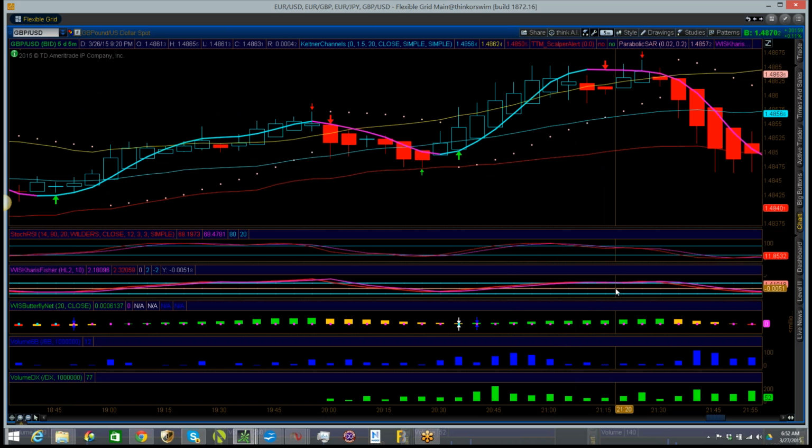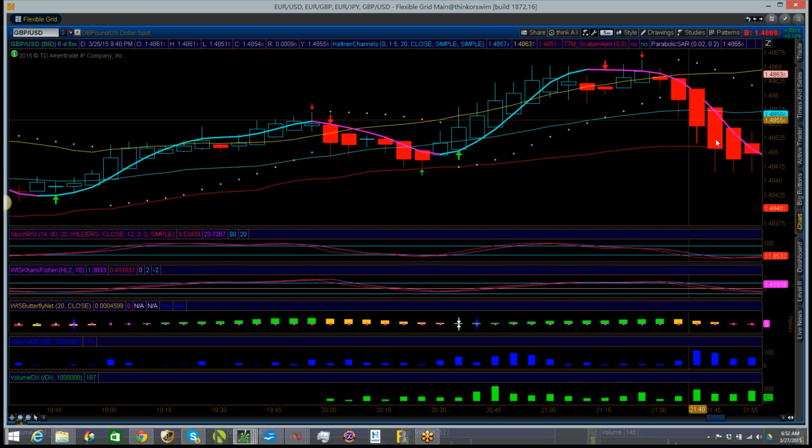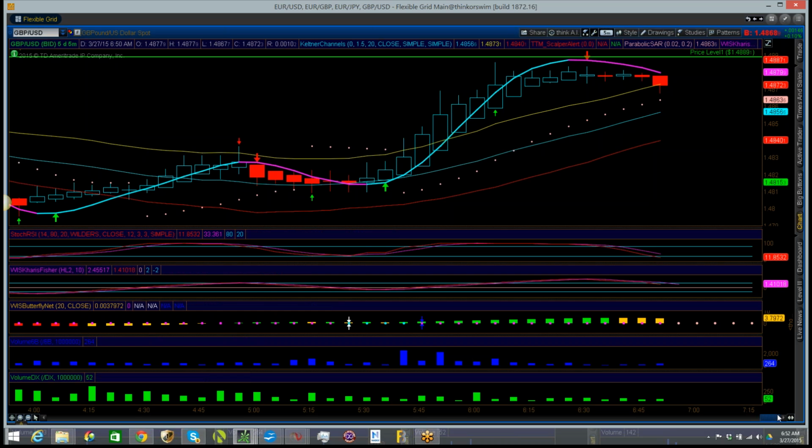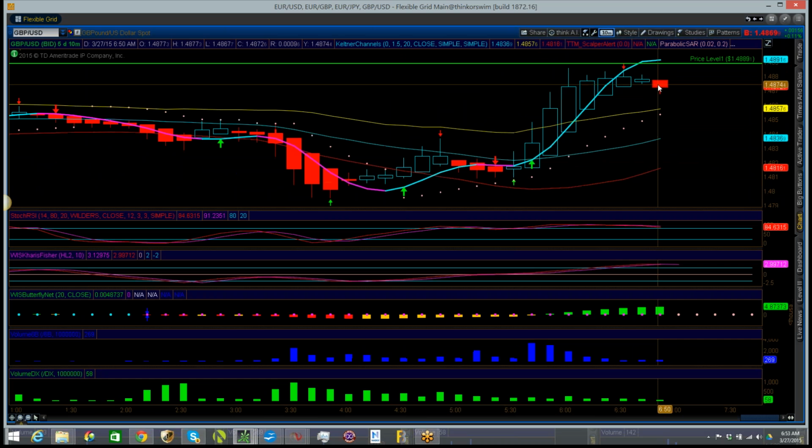Okay. So that's what we're looking for, that roller coaster effect. And that's at the 5-minute. So at least myself, I like to see this movement at the 5-minute to give me an indication things are going to move down and reverse. Then I will look at a 10-minute. That looks good. I have this indicator, the TTM Scalper Alert, standard TOS, giving me an indication it may go down.